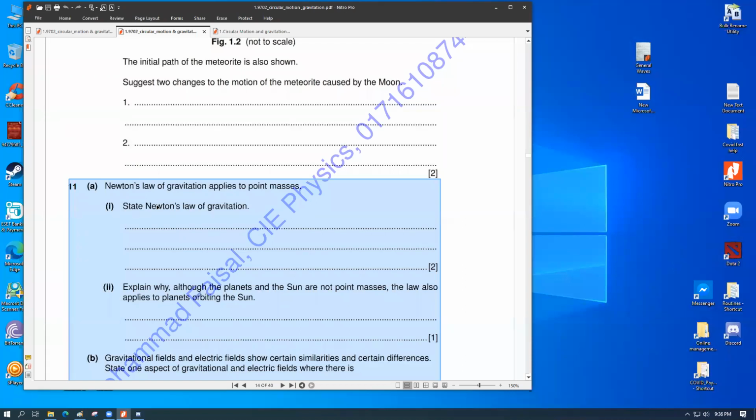So if you consider the distance from center to center, the size of the object really doesn't matter. This can be a second explanation. If you consider the entire spherical object to be a single particle located at its COG point, then you can effectively apply Newton's law of gravitation, which is from point mass to point mass. So there are two different aspects.